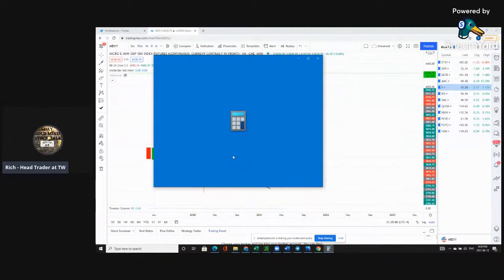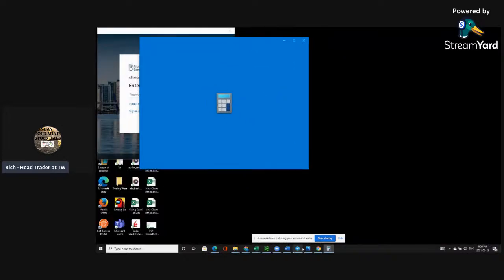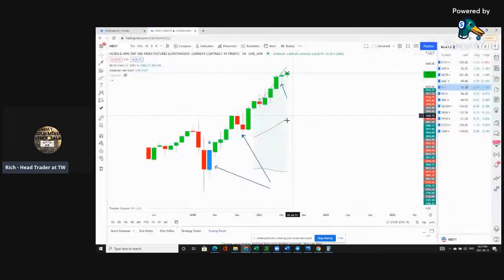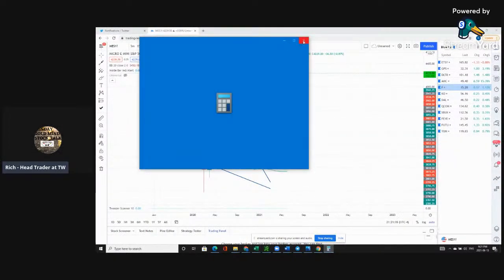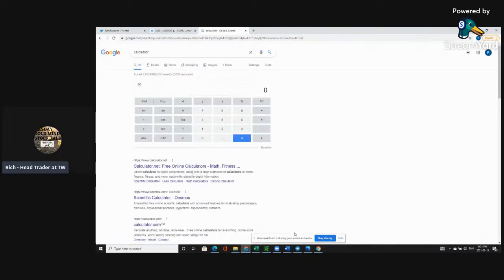So 1266. Come on, calculator. What's going on with this thing? Oh God. Okay, hold on. I guess we'll have to do it on another, actually, let's just go to Google here. Calculator. Okay, I lost you guys.